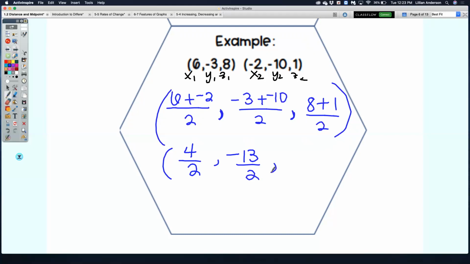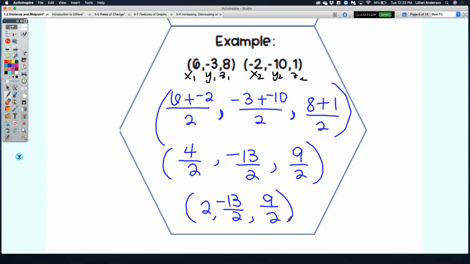Then you'll have 8 plus 1, which is 9. So then the midpoint between these 2 points would be 2, -13 over 2, which I know some of you guys are probably going to say -6.5, and that's fine. And then 9 over 2, and some of you guys might say 4.5.